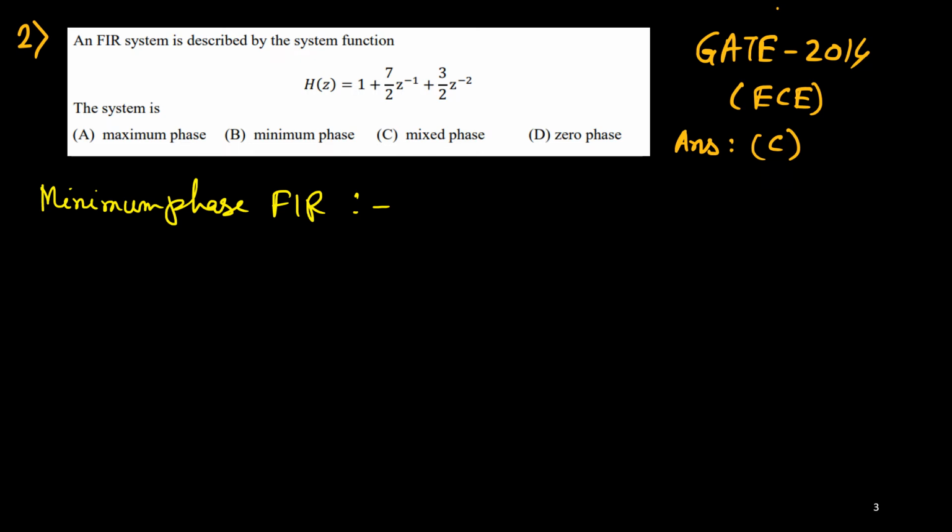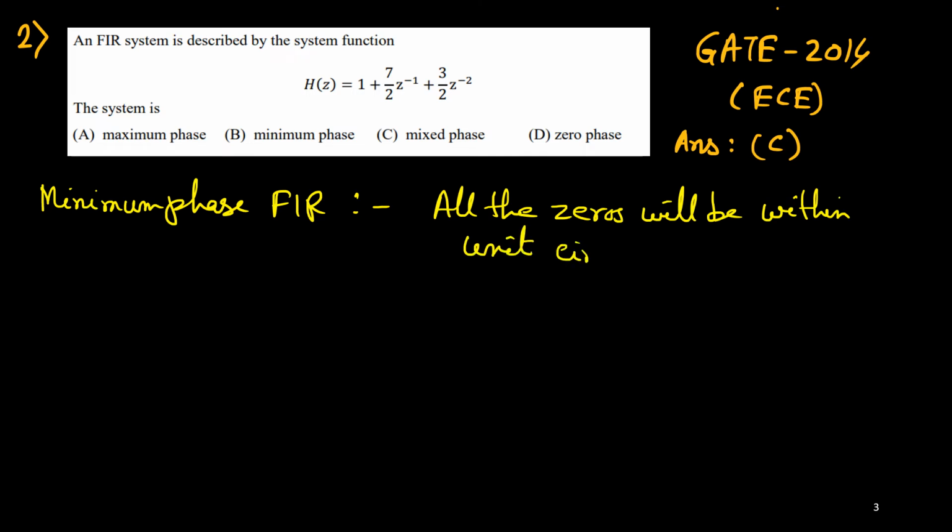So all the zeros will be within the unit circle. Then only we'll get minimum phase.